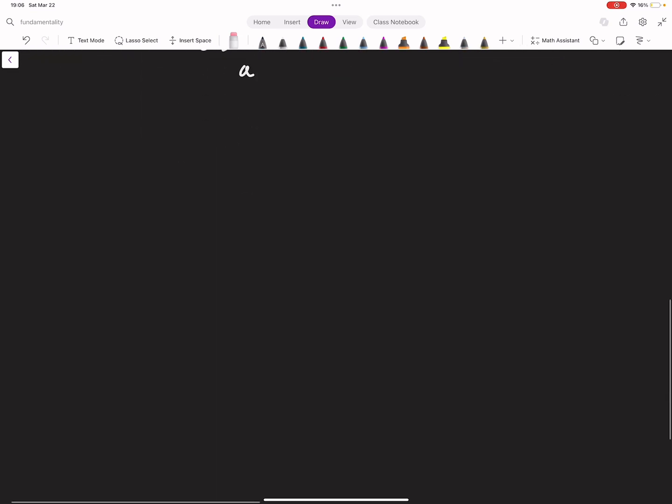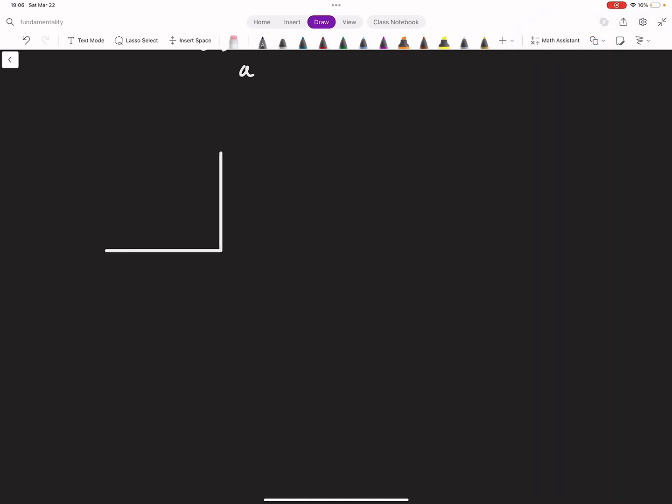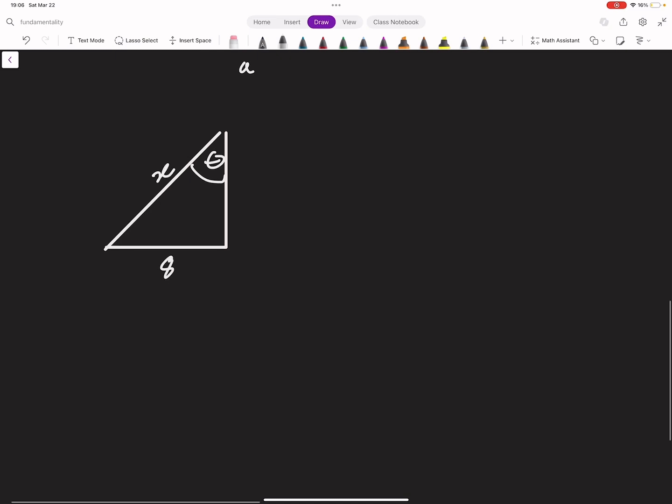For example, let's say you're given this triangle here. We're going to call this 8 and we're going to call this x. Let's say theta is 30.